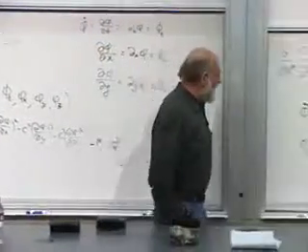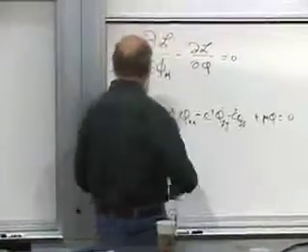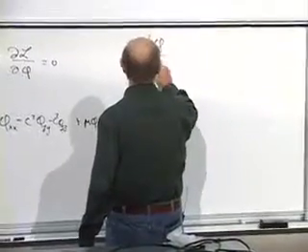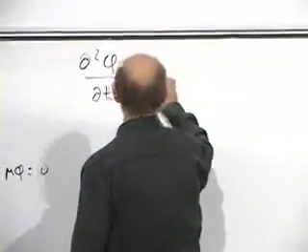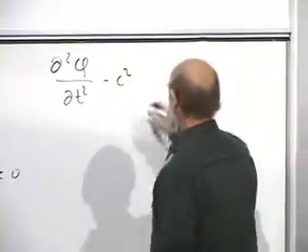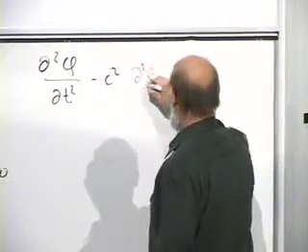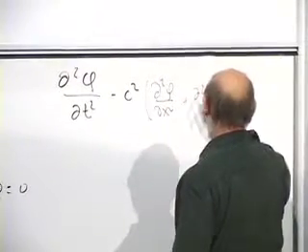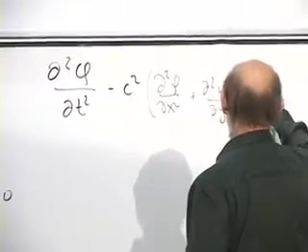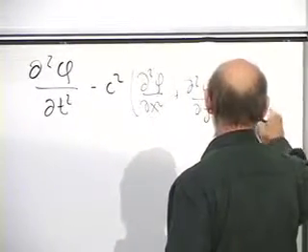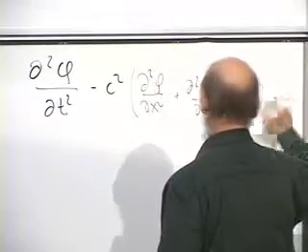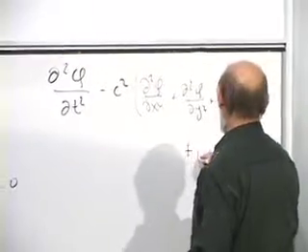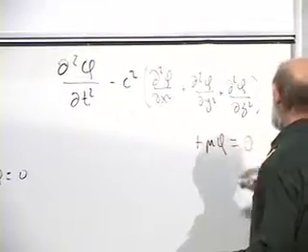All right, so let me write this out in longhand. In longhand, it's the second derivative of phi with respect to t squared, minus c squared times the second derivative of phi with respect to x squared plus the second derivative of phi with respect to y squared plus the second derivative of phi with respect to z squared, all equals, sorry, let's put the plus mu phi, equals 0.